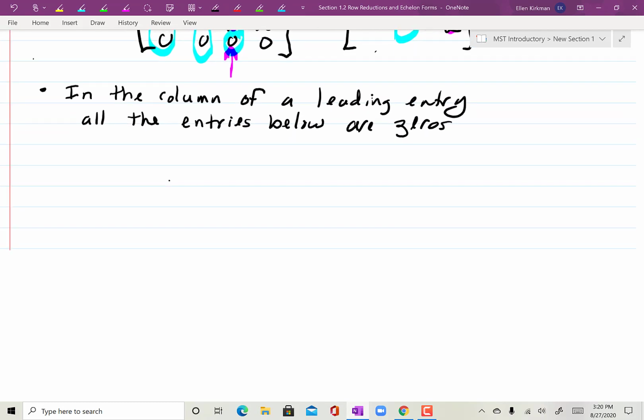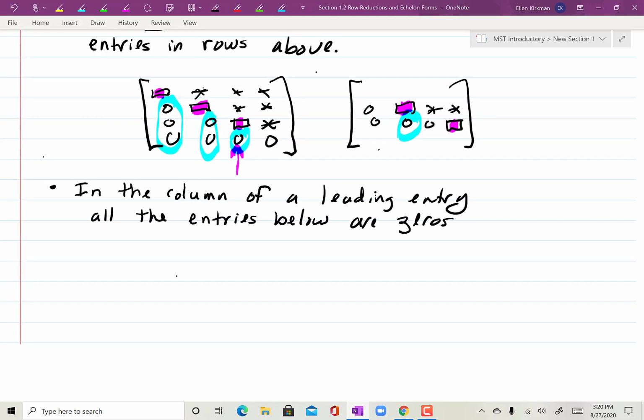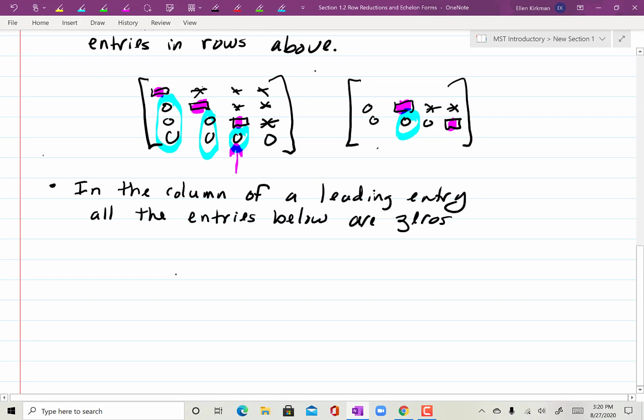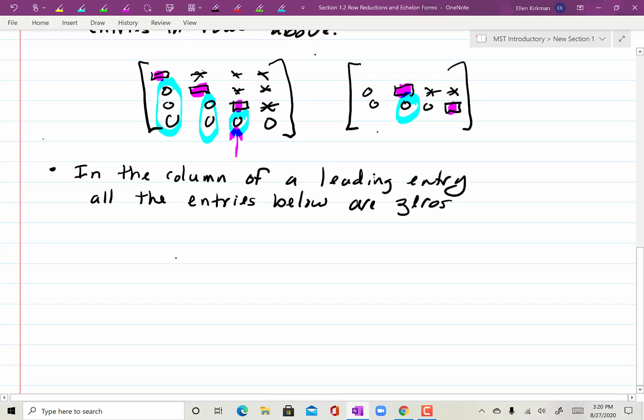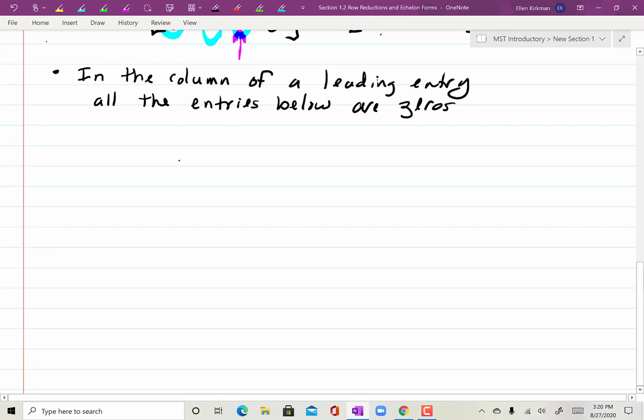Now reduced row echelon form. As I noted in class, the row echelon form of a matrix is not unique. Depending on the operations, you can get it in this kind of form with different numbers. But the reduced row echelon form is unique.